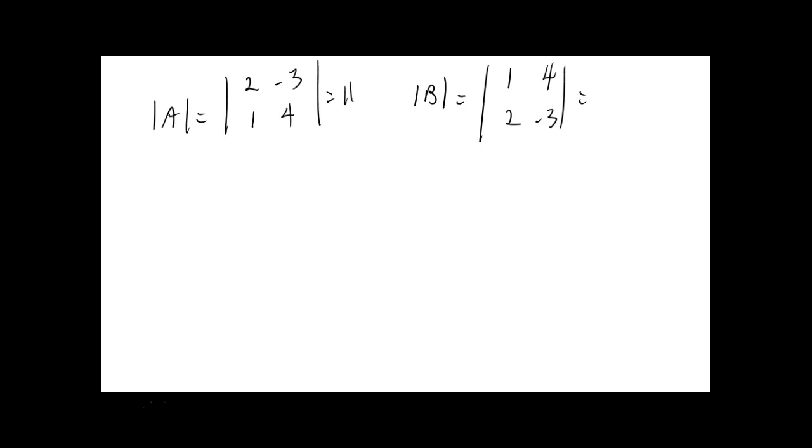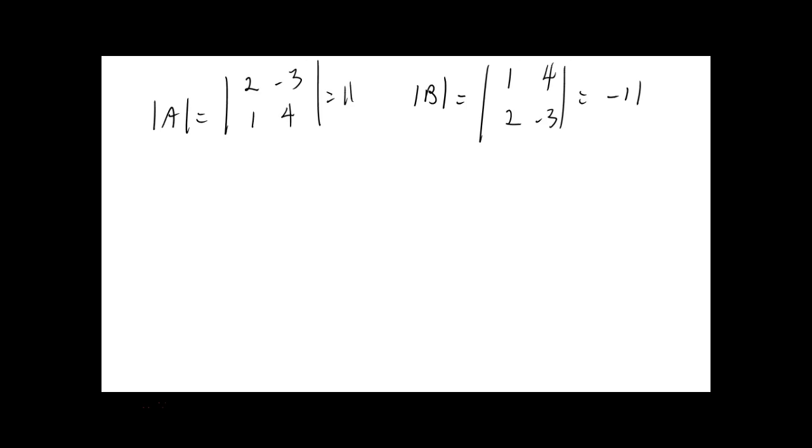Negative 11, perfect. Now, how did you go from A to B? Yeah, you flipped 2 rows.